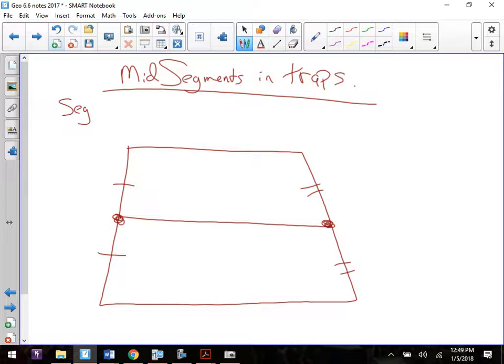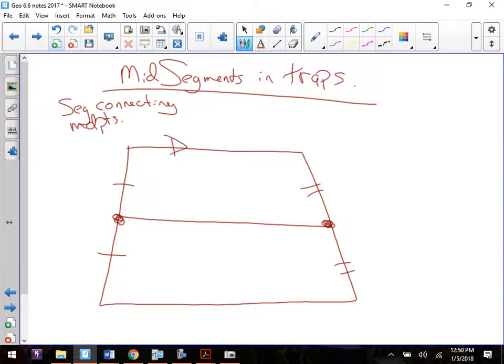Right? The segment connecting the midpoints is always parallel. If I call the bases of the trapezoid, you understand that I'm talking about the parts that are always parallel?